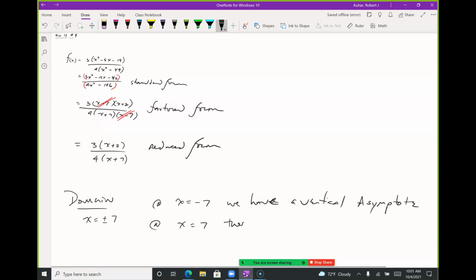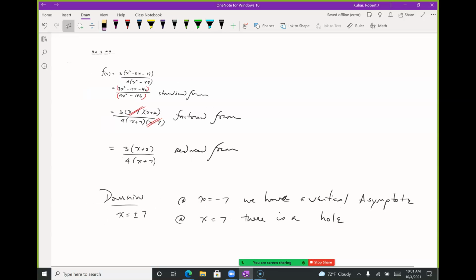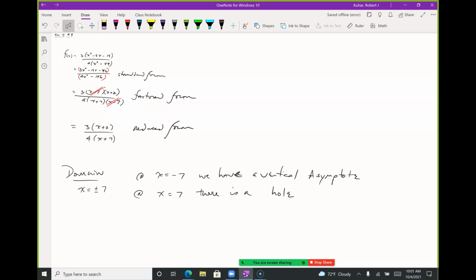There is a hole. There's actually a hole in the graph, but you can't see it when you graph it, right? It's an interesting thing to do when you put it in the calculator, to look at what the table says at 7 and at negative 7.